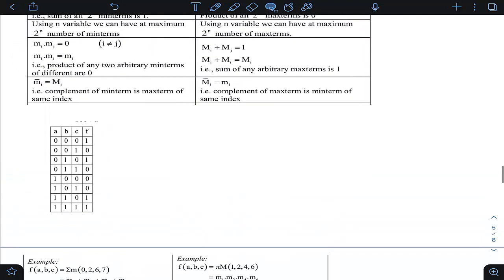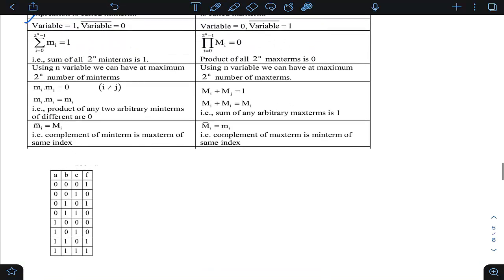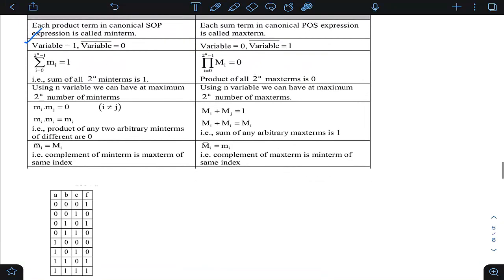First thing, students: this is the truth table for a digital system. The inputs are A, B, C, and the output is F. I want to express F in terms of A, B, C. While finding minterms, focus on those rows where the output is 1.